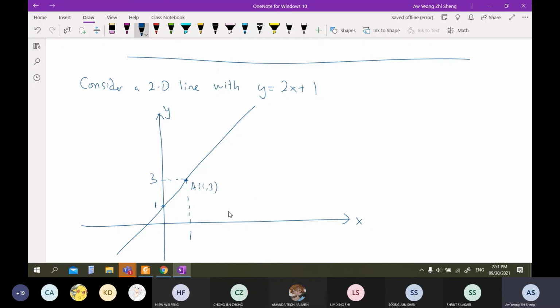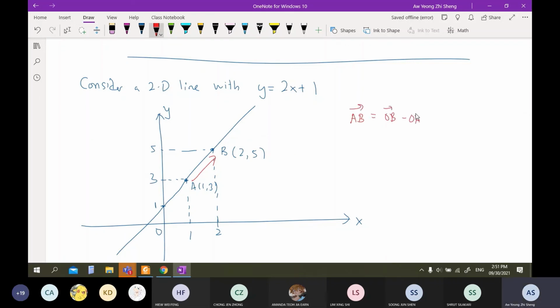Now let's take a different point. Let's say I take x equals 2. At point B, my coordinates are (2, 5). Now, let's find the vector AB.